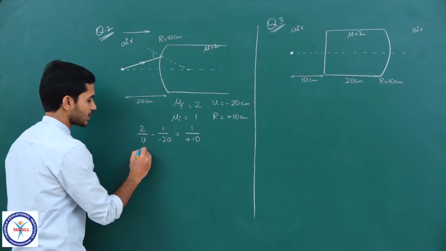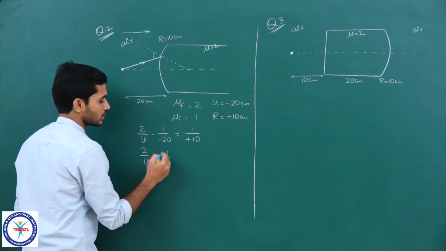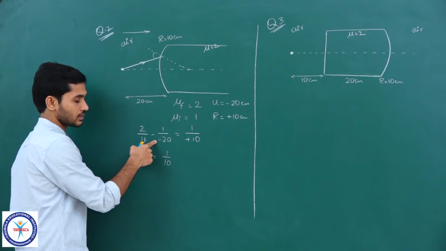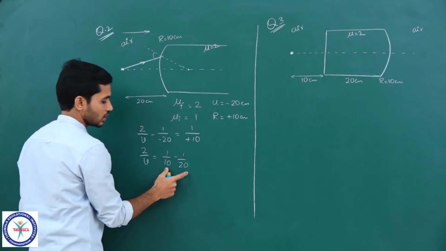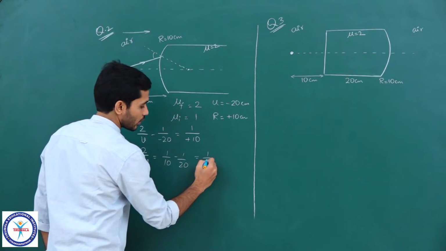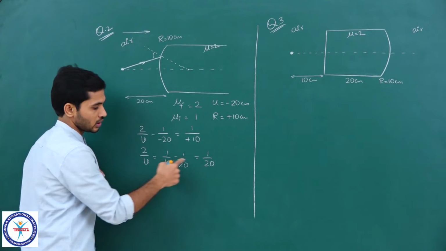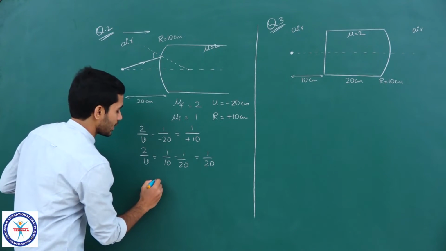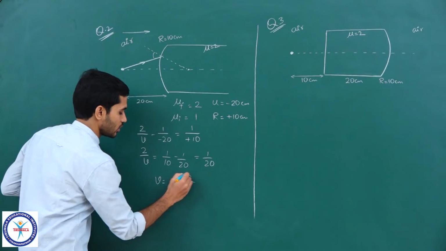Simplifying this, I would be getting 2 by v is equal to 1 by 10, plus 1 by 20. When it goes to the other side, it becomes minus 1 by 20. Simplifying this will give me 1 by 20. So, 2 by v is equal to 1 by 20. So, I get v is equal to plus 40 centimeters.